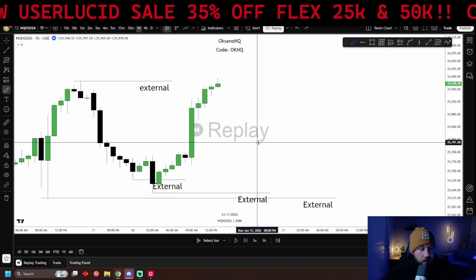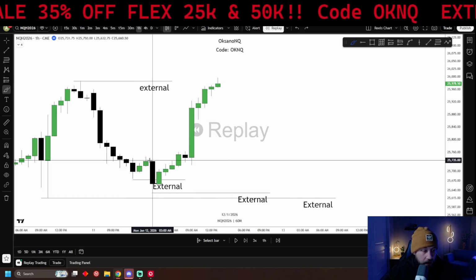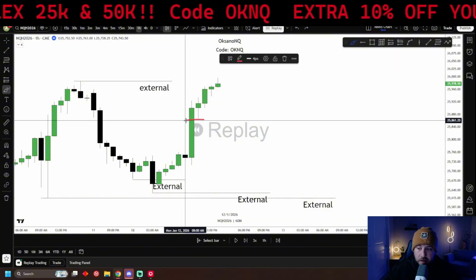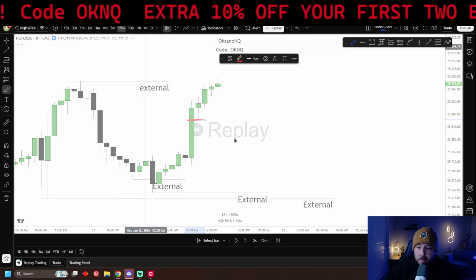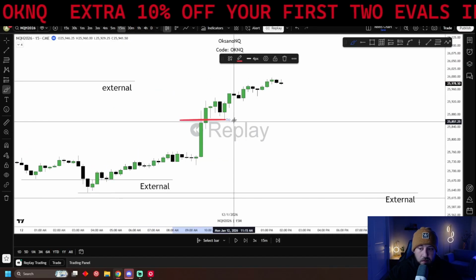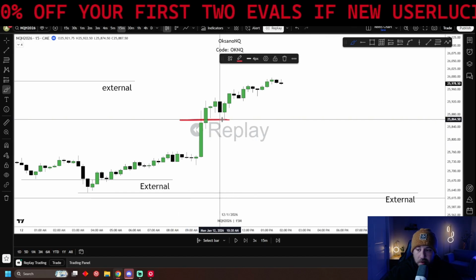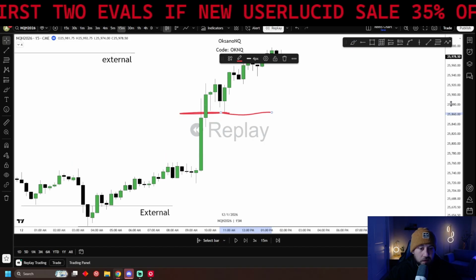So because I'll tell you what, I almost guarantee that this wick right here that created this FVG on a lower time frame is probably a swing low, right? And there it is. So here's our swing low right here that's still on an external time frame because it's 15-minute and above.